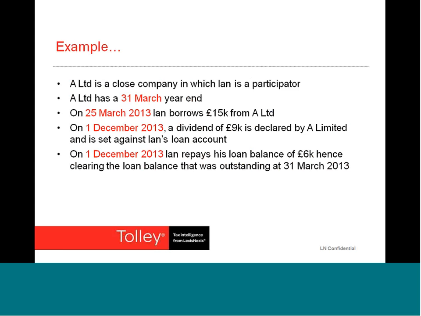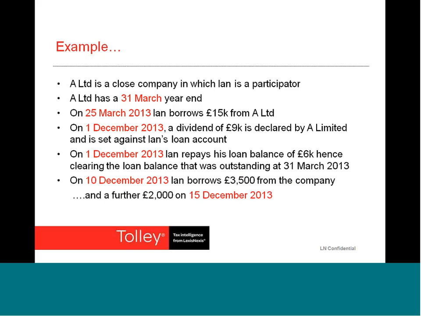On the 1st of December 13, Ian also repays his loan balance of £6,000. So £15,000 loan, £9,000 repaid using the dividend, £6,000 actually repaid by Ian. Looks like he's completely repaid the loan. And so by the time we get to the normal due date, which is the 1st of January 14, there'll be no loan outstanding.